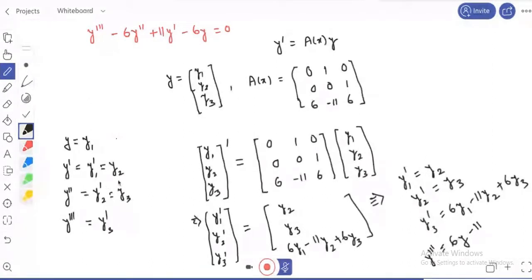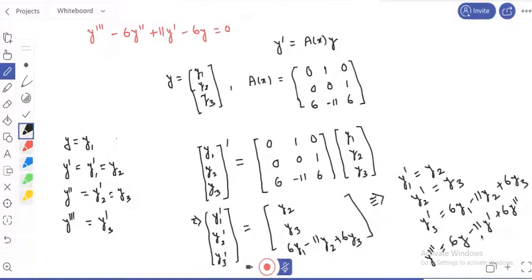So your assumption comes from that matrix. That's why in the diagonal we put 1 1 1 and so on. Here y2 is y dash, so we put y dash plus 6. What is y3? Y3 is y double prime.